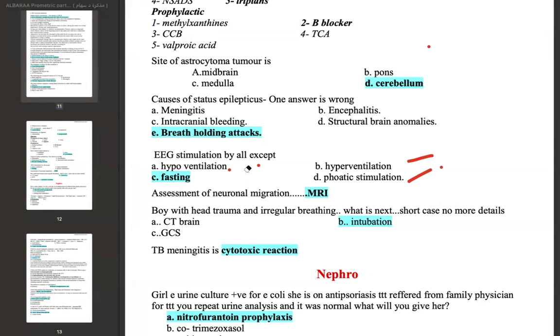So for EEG stimulation, the answer is fasting, which is the wrong option. We can sometimes do hyperventilation and photic stimulation. I will check this for you.